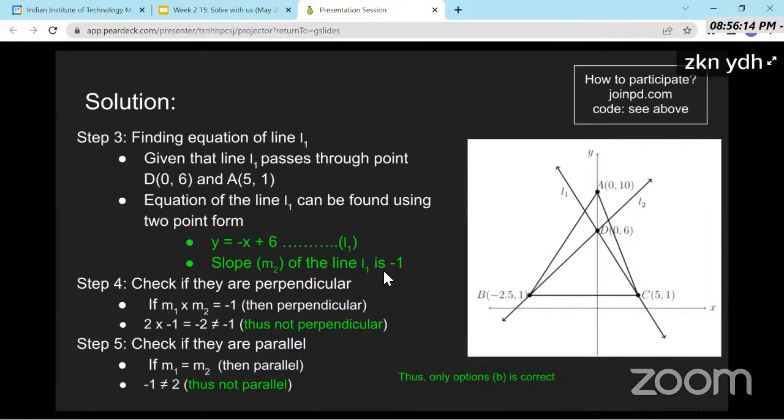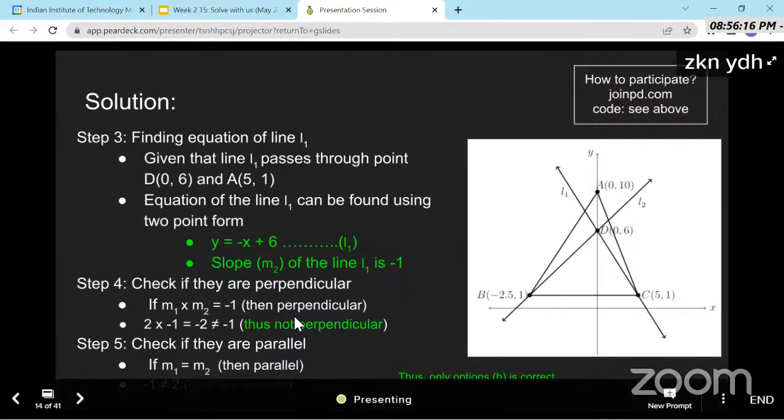And we know that the slope of L2 is given as 2. So we know that when two lines are perpendicular, M1 times M2 is minus 1. When you substitute M1 and M2, you get minus 2, which is actually not minus 1, and therefore this is not perpendicular, right? And two lines are parallel when the slopes of both the lines are equal.